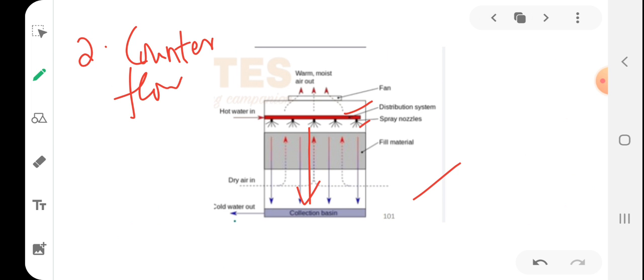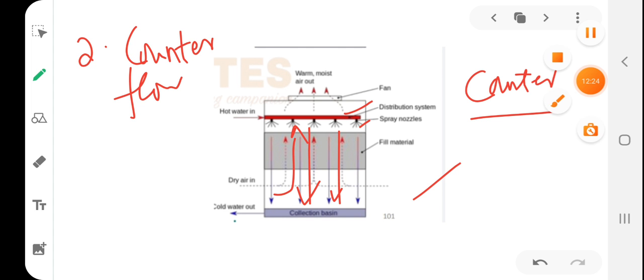Water will flow not by gravity but by pumping and spraying mechanisms, and air will move vertically upward. So the flow will be in counter direction. Water will be downwards and air will be upwards. That is why it is named counterflow cooling tower.